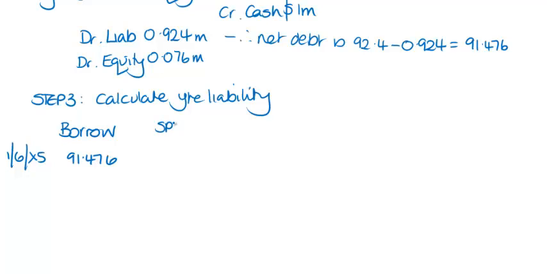Our statement of profit and loss account interest is now the effective rate of 9.38%. So that gives me a figure of 8.580. In terms of cash, the bond is paying interest at 6%.